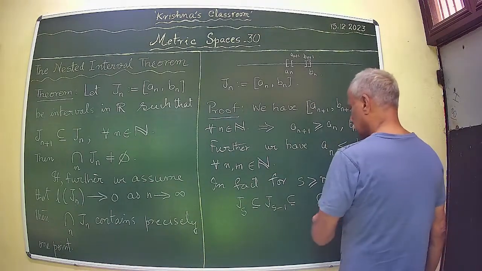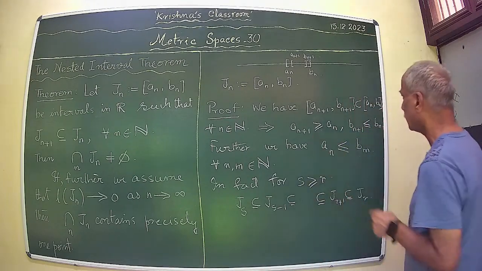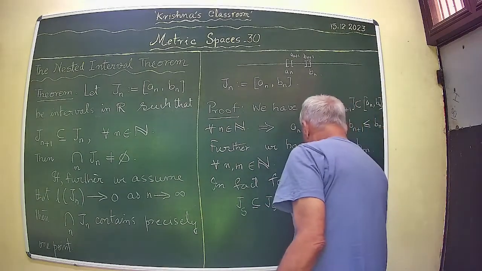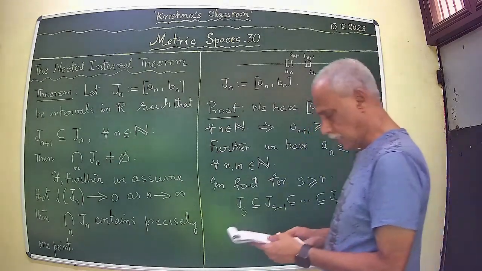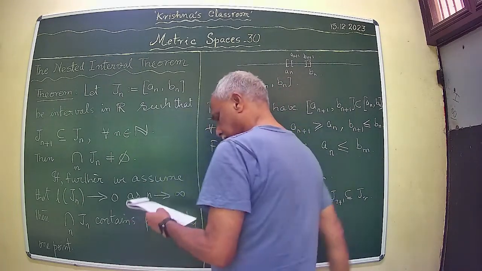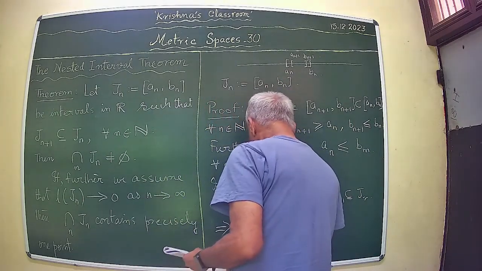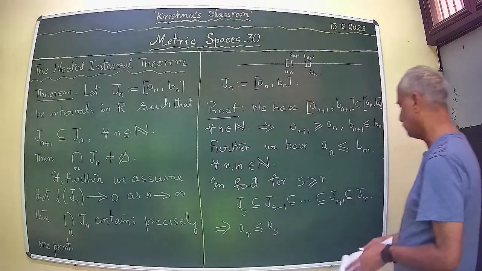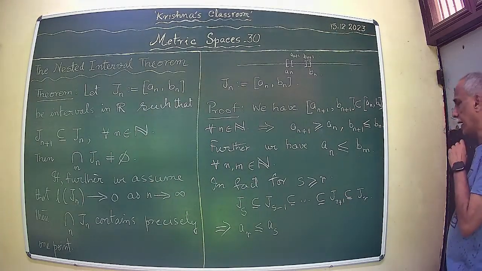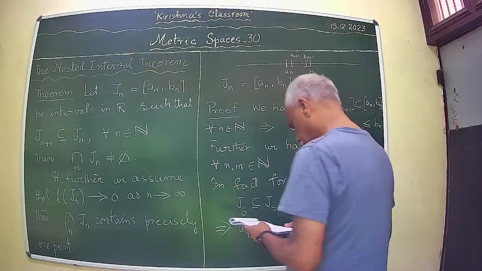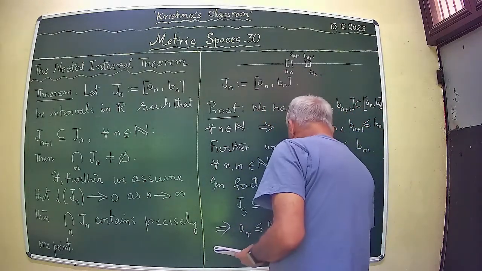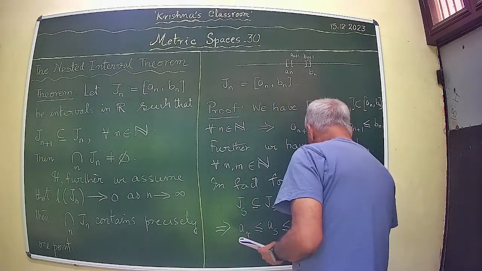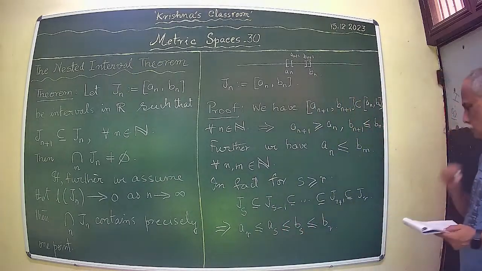Therefore this containment relation works for s greater than or equal to r, and that in turn implies that ar is less than or equal to as, and as is less than or equal to bs, which is less than or equal to br.